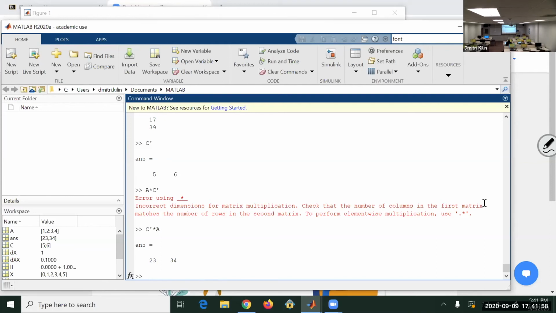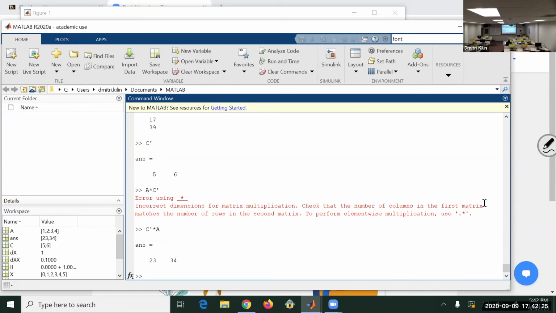So 5, 6 times 1, 2, 3, 4. We can practice row by column, right? Row by column: 5 plus 18, and row by column: 10 plus 24.